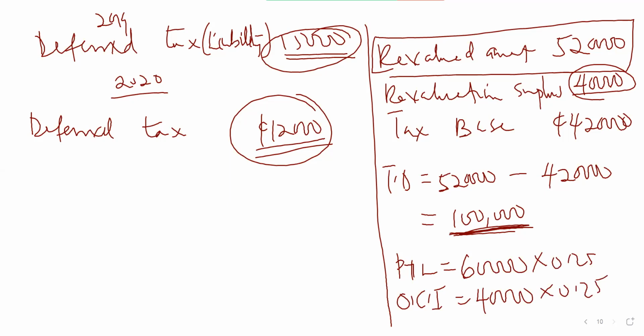So when you have a question and there's a revaluation surplus in the question, try to separate the temporary difference that is relating to profit or loss from that relating to other comprehensive income. If you know your revaluation surplus, just take your revaluation surplus separately and calculate the deferred tax on it, which will be the deferred tax rate multiplied by the revaluation surplus, because the tax base for the revaluation will be zero.